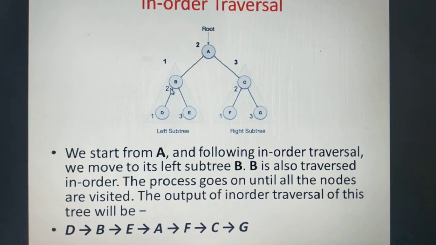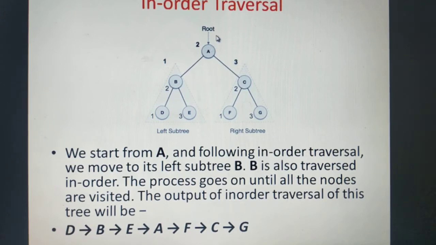If we observe this subtree, again it has a parent node, then a left child and a right child. Hence you again traverse it in an in-order fashion. This process goes on until all the nodes are visited, and the output of an in-order traversal will be in this form. Now let me explain how we get this.